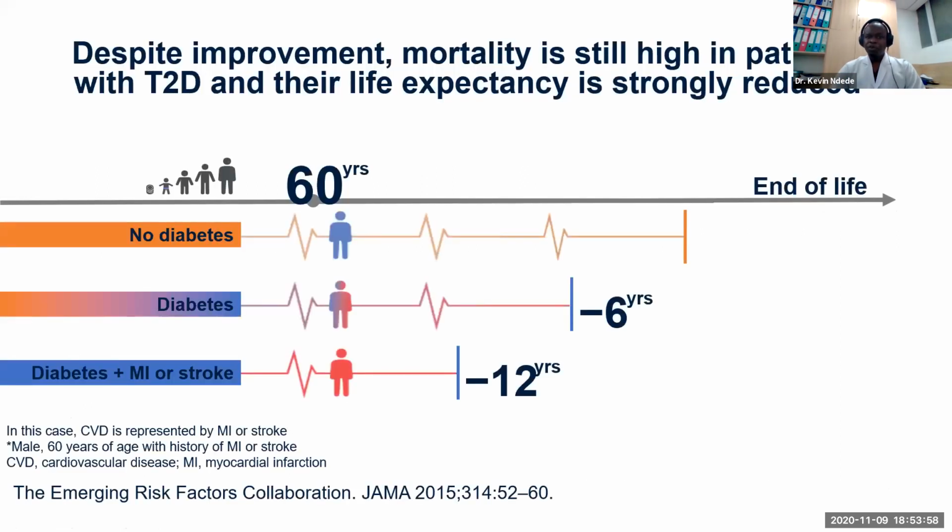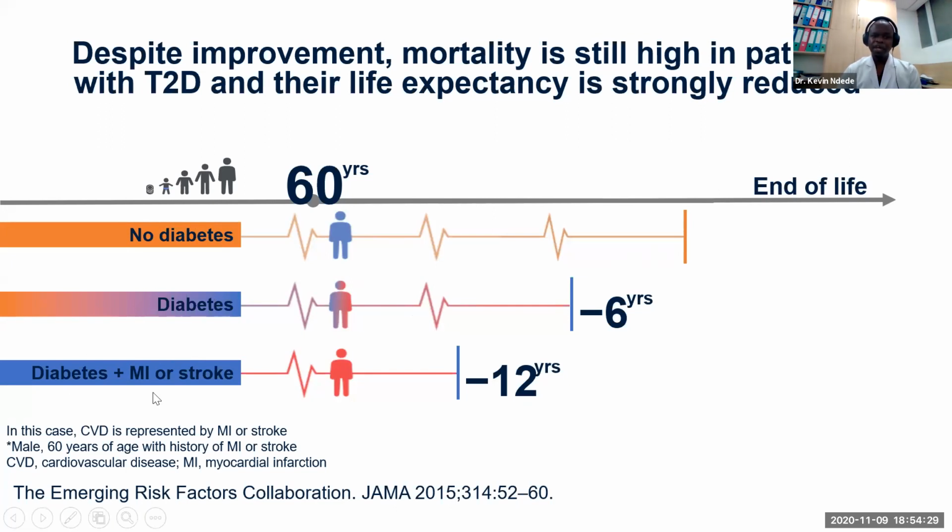We know that if we do not manage our diabetics well, then we risk reducing their life expectancy. So in individuals with no diabetes, they generally tend to live their lifespan fully. Those who have diabetes, their lifespan is shortened by approximately 6 years. Cardiovascular disease is the biggest complication and the largest cause of morbidity and mortality in people with diabetes.